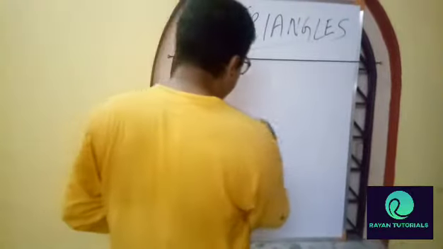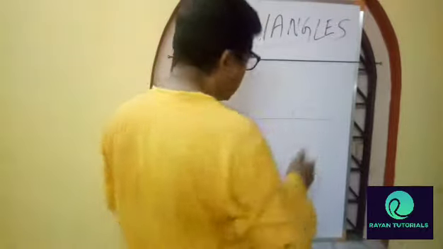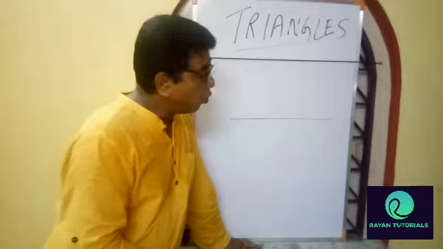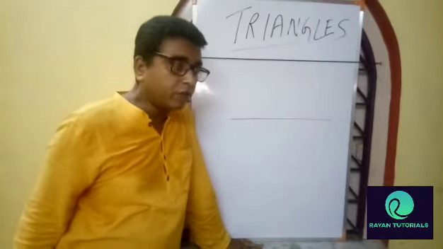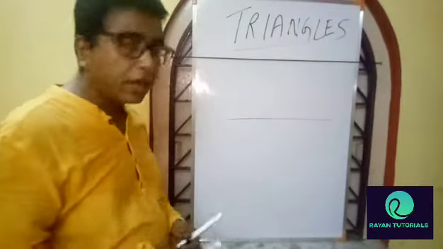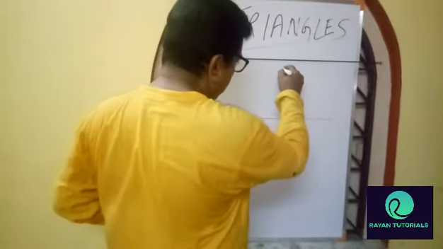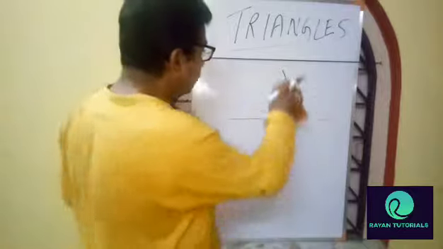Suppose there is a line and you have a point out here. Now if I ask you, what is the height of this point? How will you find out? Always draw a perpendicular from this point. This is a perpendicular.